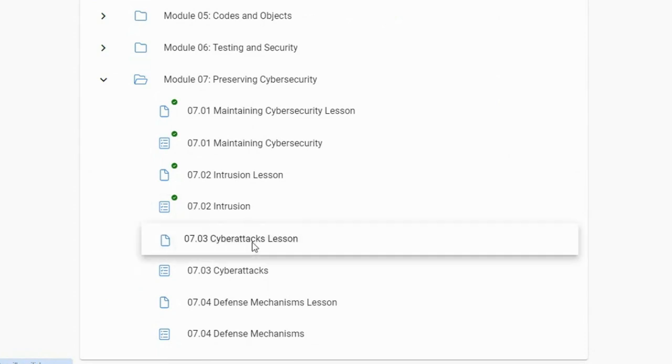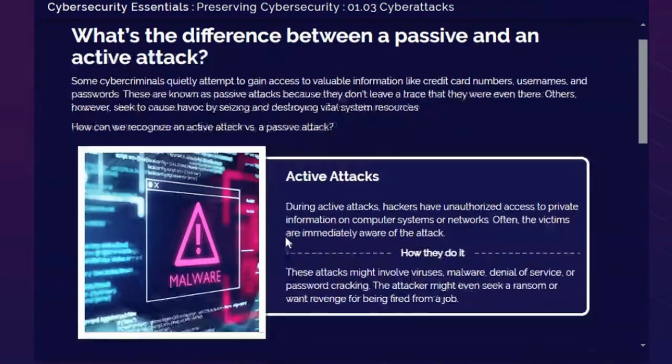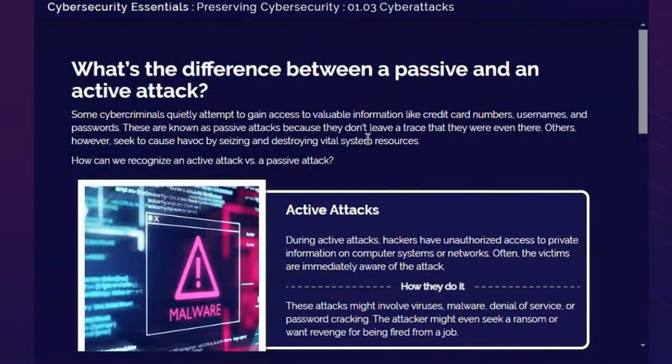Cyber attacks. What's the difference between a passive and an active attack? Very good question. Some cyber criminals quietly attempt to gain access to valuable information like credit card numbers, usernames, and passwords. These are known as passive attacks because they don't leave a trace that they were even there.